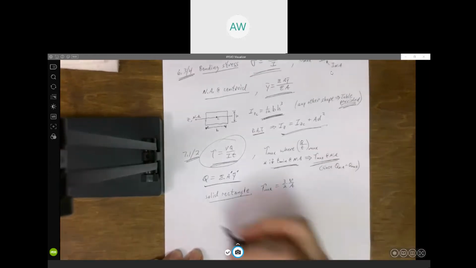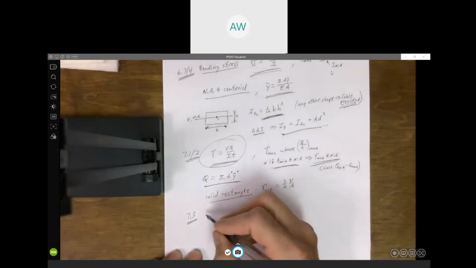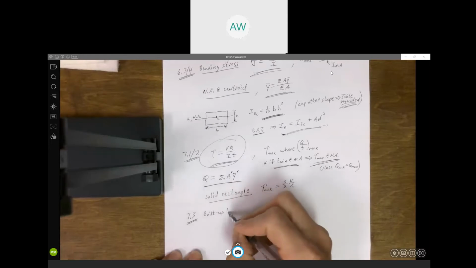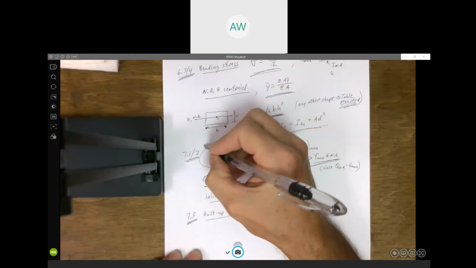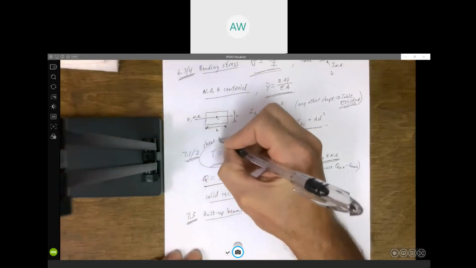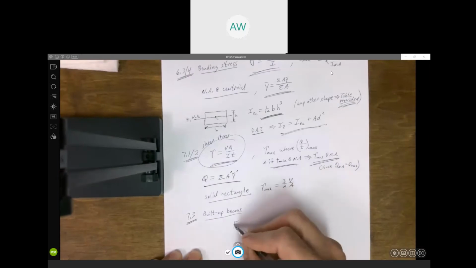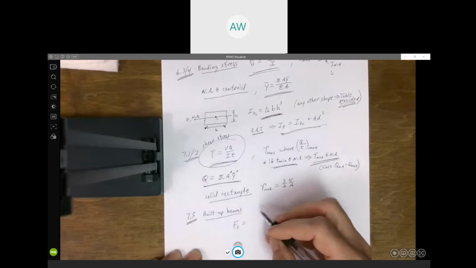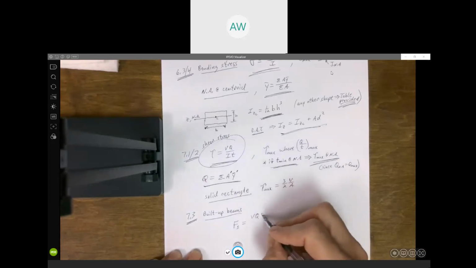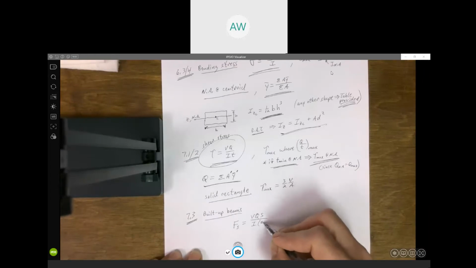And then there's only one other thing we did, and that was what we did yesterday, and that was look at the built-up beams. Again, this was shear stress. And we had that formula. This is the shear force on each fastener is VQS over I times the number of rows.